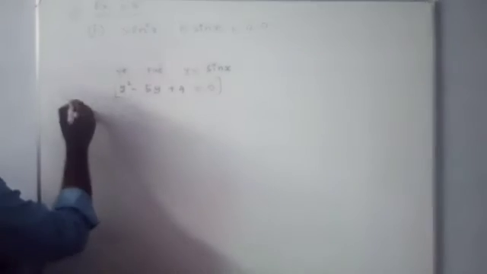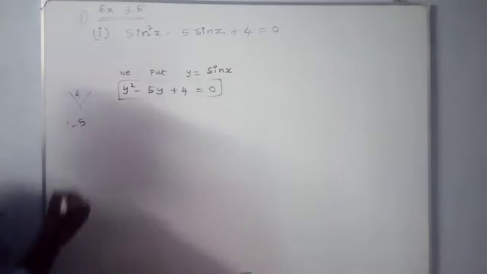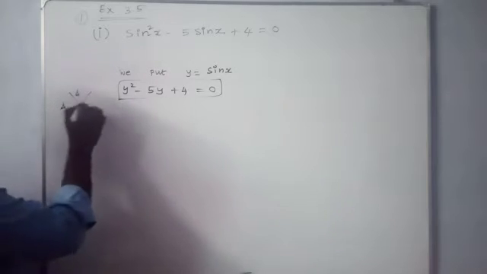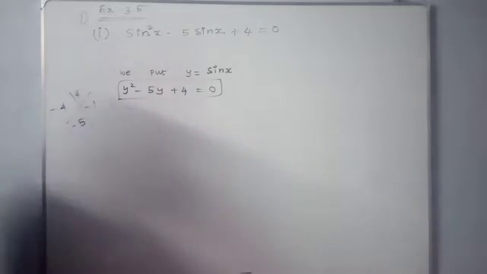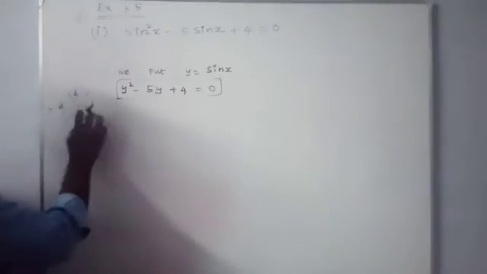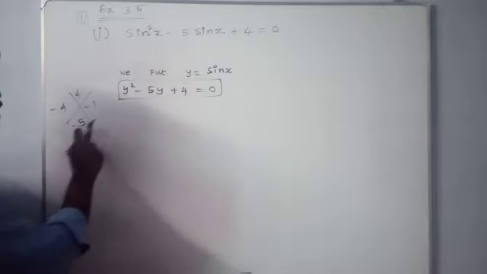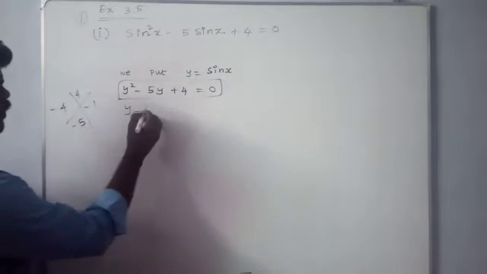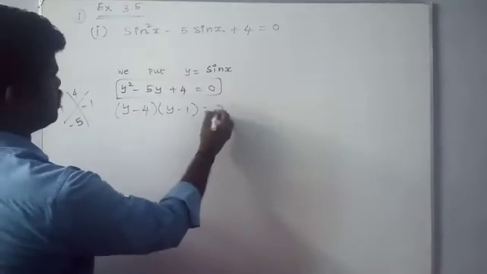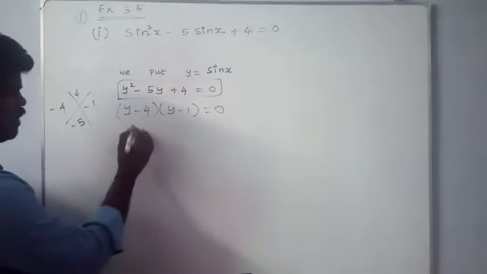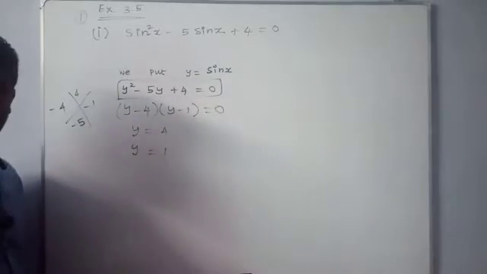What are the roots? The product of the terms is 4 and the sum of the roots is minus 5. What is the value? 4 into 1, 4. So minus 4, minus 1. Multiply minus 4, minus 1 gives plus 4 and add these two terms gives minus 5. Now the factors are y minus 4, y minus 1 is equal to 0. Therefore y equal to 4, comma y equal to 1.